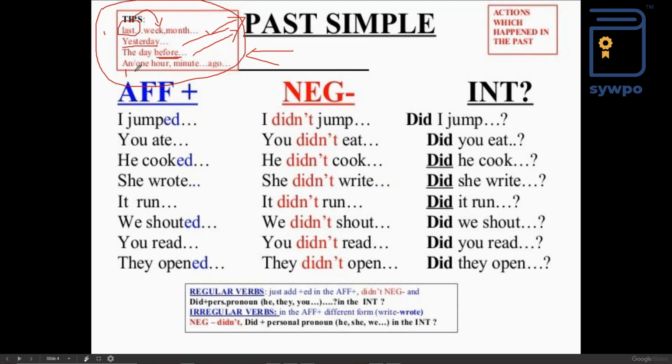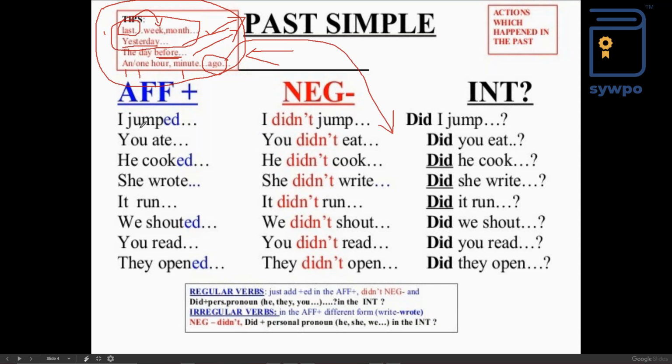And if you look at these words, let's say an hour or minute, a month, and then you see the word ago, this is the only time expression that is written at the end of the sentence. These time expressions we can write in the middle or even in the beginning, but ago will always be written at the end of a sentence.